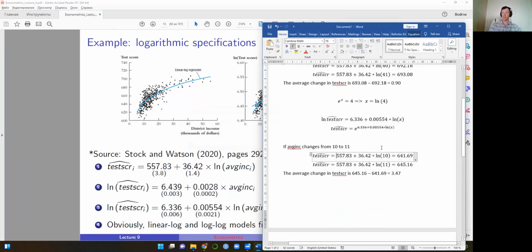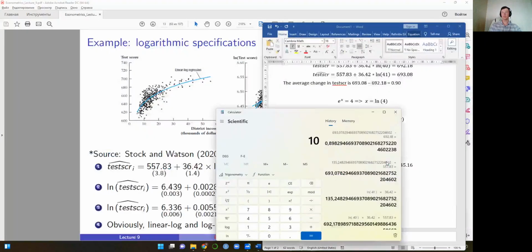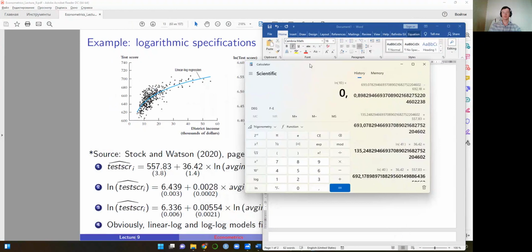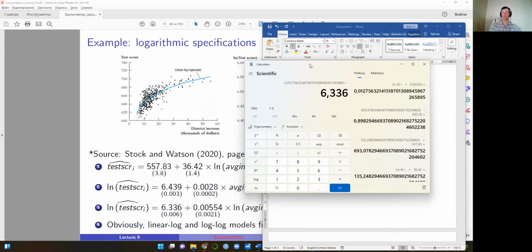We put 10 here inside the power, and there is gonna be what? There is gonna be 10 multiplied by 0.0554 plus 6,336.